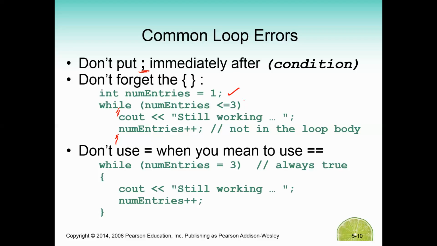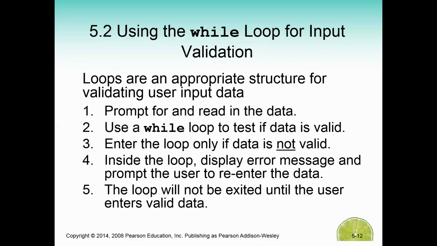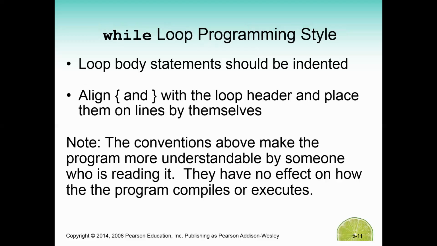But this, if I don't put the curly braces here, is going to give me an error, because then numberOfEntries is never going to change. Of course, don't use 1 equal sign when it's supposed to be 2, when we're testing for equality. This is just how we need to indent, just like we indent the lines when we're using if statements, programming style.